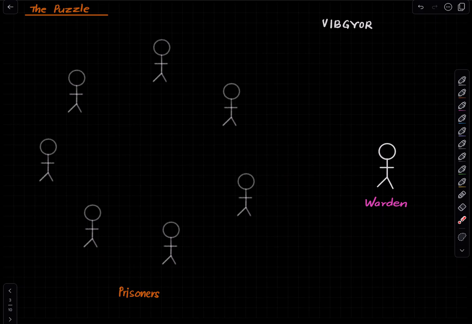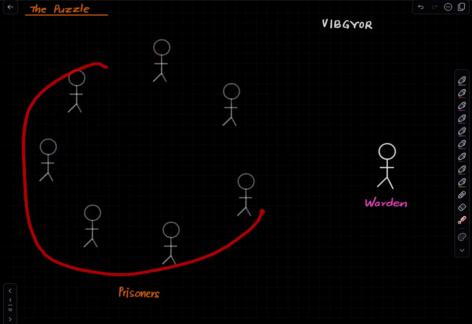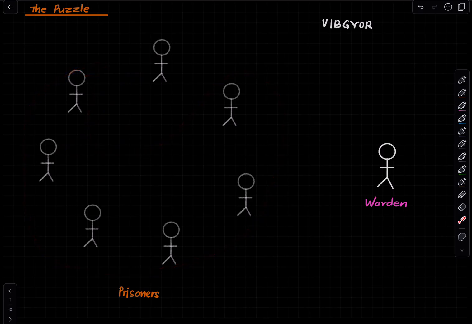Once the game is on, they are not allowed to talk at all amongst each other, but they are allowed to strategize beforehand. Okay? So once again, the warden is completely free as to what color hat he will assign on what person, and each person can look at the color of the hats of all the others but not himself, and based on whatever data he has gathered, he will guess the color of his own hat, and if at least one prisoner guesses it correctly, then all of them are set free, otherwise all of them are executed.